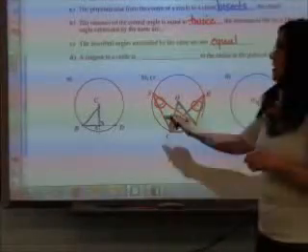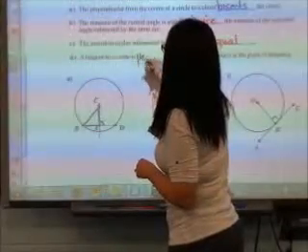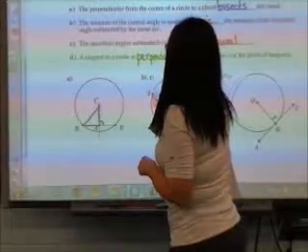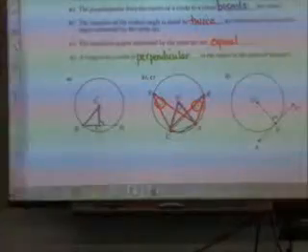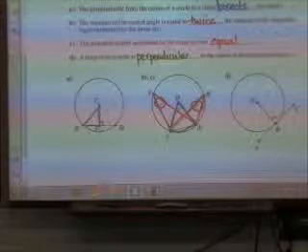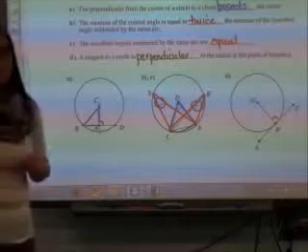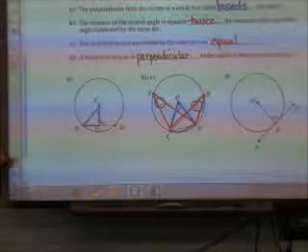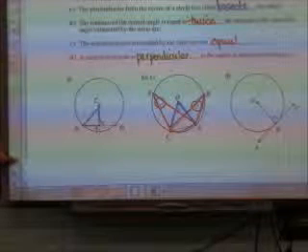And we say that that means it's perpendicular. So a tangent to a circle is perpendicular to the radius of the circle at the point of tangency. We're going to use that on the next page to solve the first question.